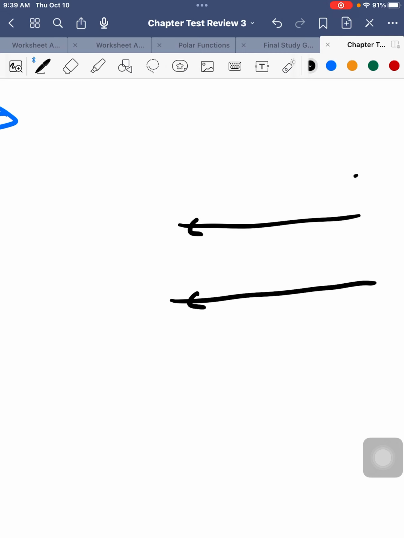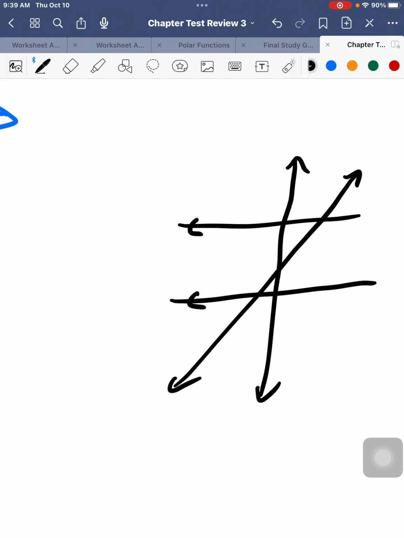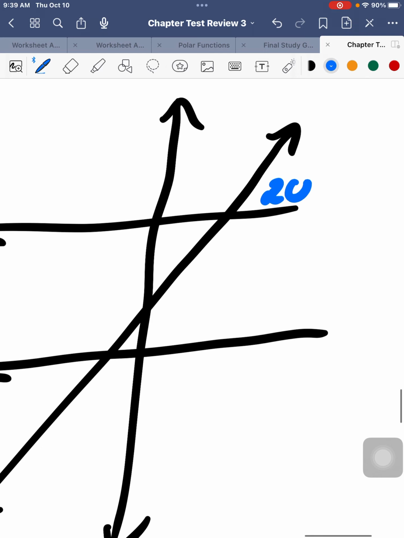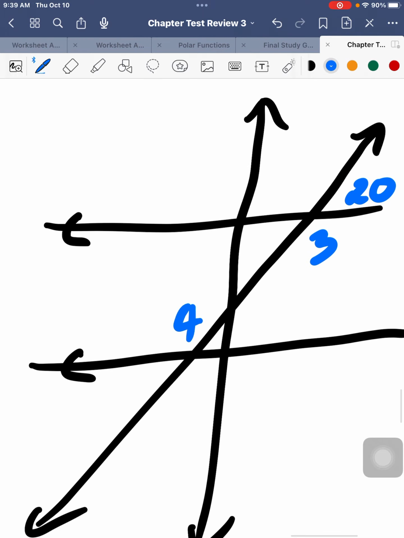These two are parallel. It has this, and it also has this one too. Okay, so I know that I have my 20 over here, my 3, and my 4.